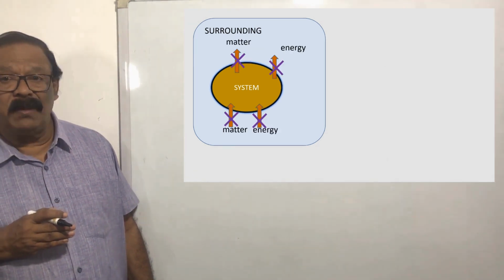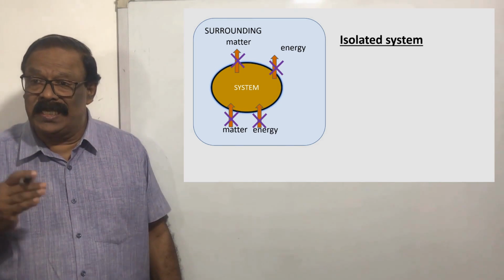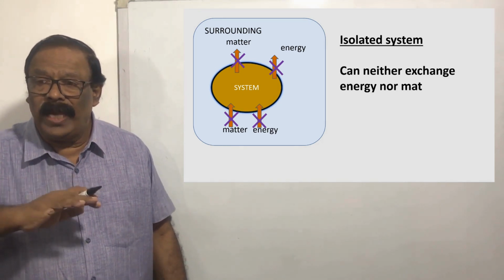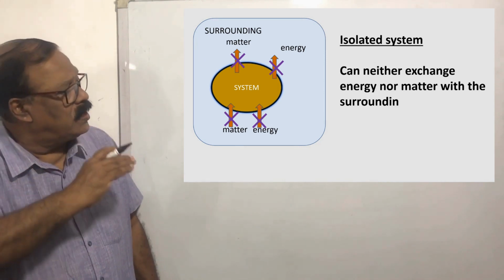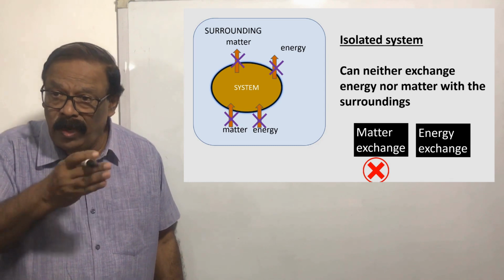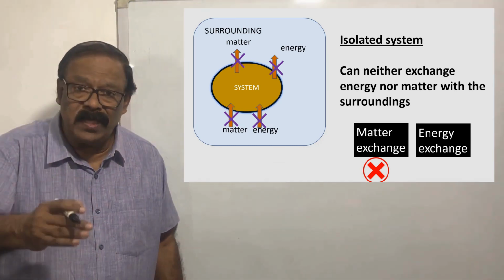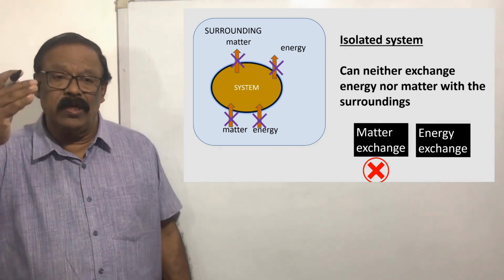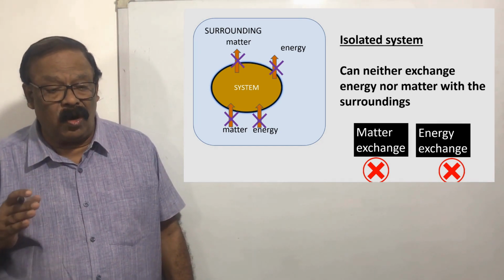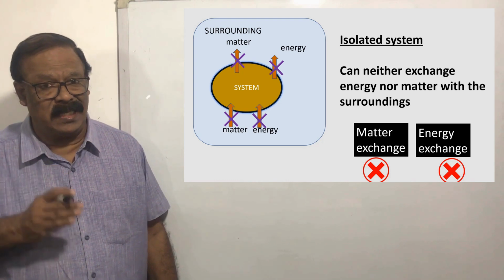The third type of system is called the isolated system. In this isolated system, no exchange can take place between the system and the surrounding. Matter can neither go into the system nor from the system to the surrounding. The same is the case with energy also. So such a system is called an isolated system.